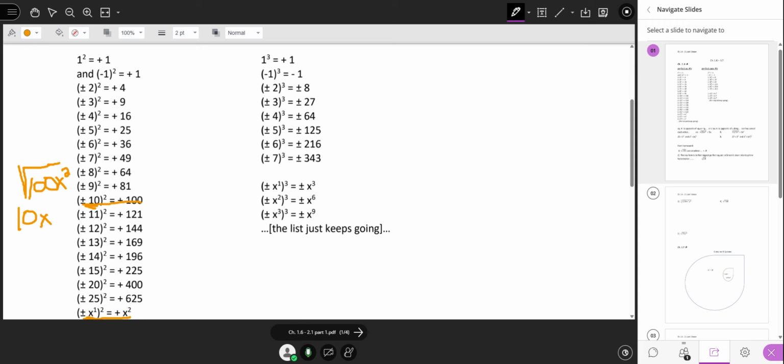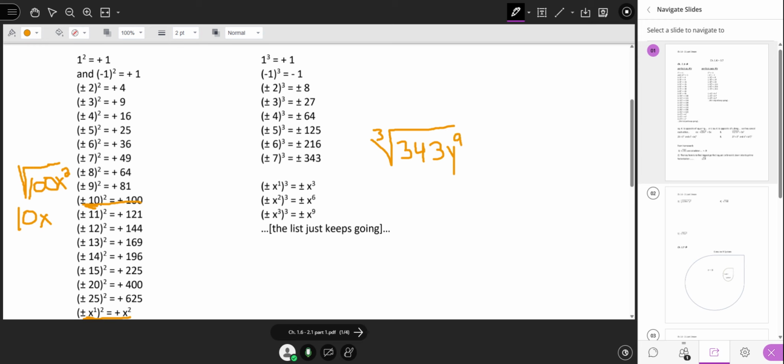Then for the perfect cube numbers, let's say I had the cube root of 343 y to the ninth power.